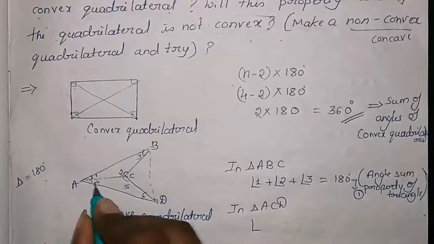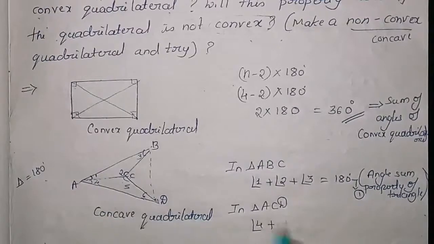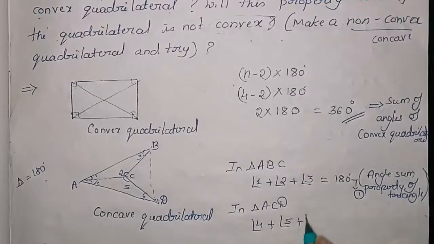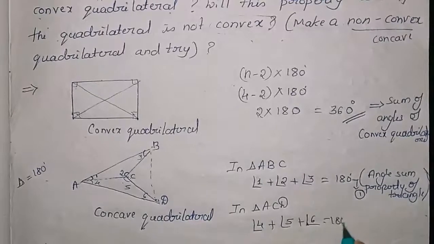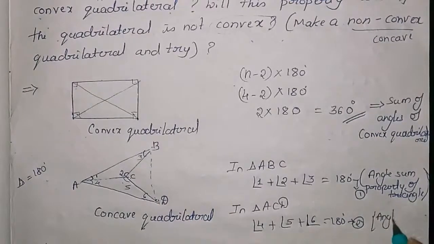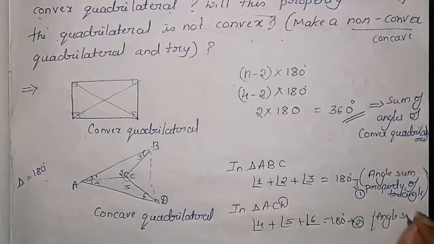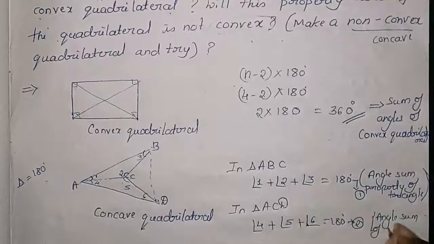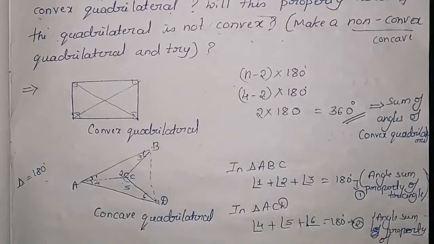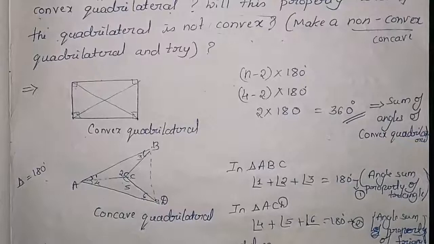So angle 4 plus angle 5 plus angle 6 is equal to 180 degrees, equation 2. Why? Because of the angle sum property of a triangle. Now add equations 1 and 2.